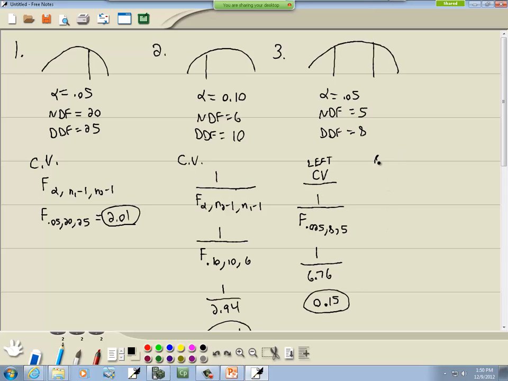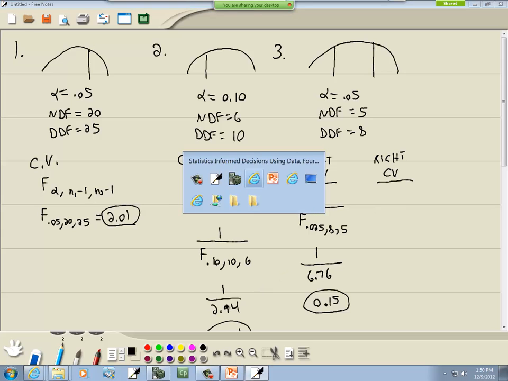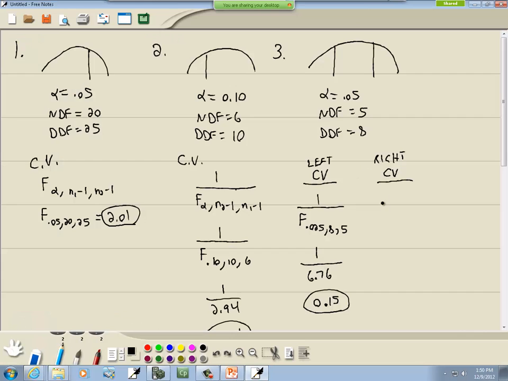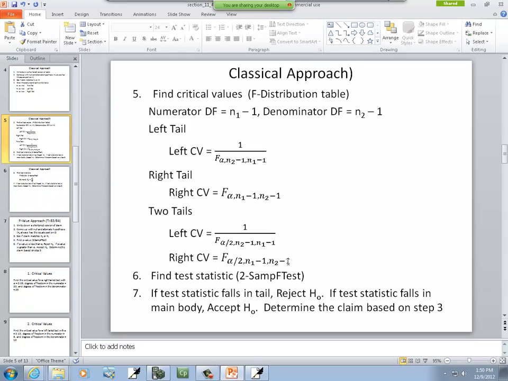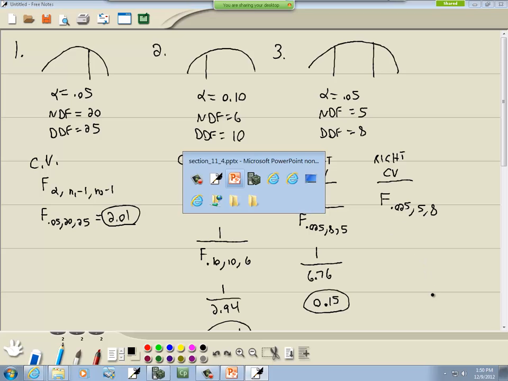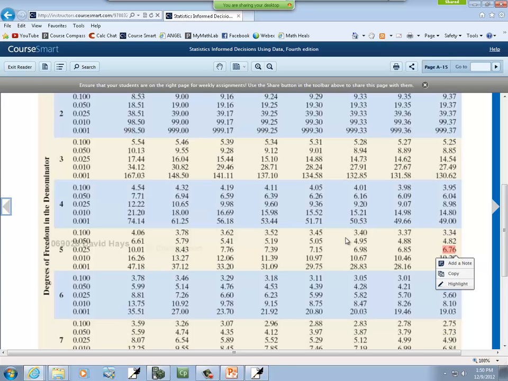Okay, now let's look up our right critical value. See what our formula says for that. Again, we're looking at the two tails. Don't look up under the right tail up here. Two tails, the right critical value says F alpha divided by 2, so we're going to look up 0.025, and then N1 minus 1 and N2 minus 1. So that's just your 5 and your 8. You don't flip them around on this one. So let's see what that gives us. 5 and 8.